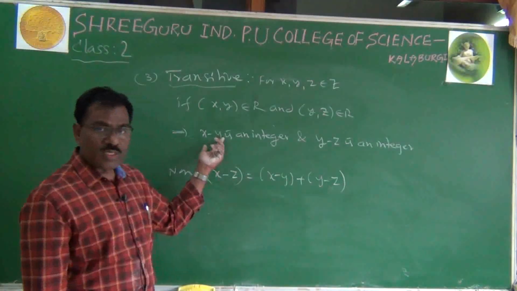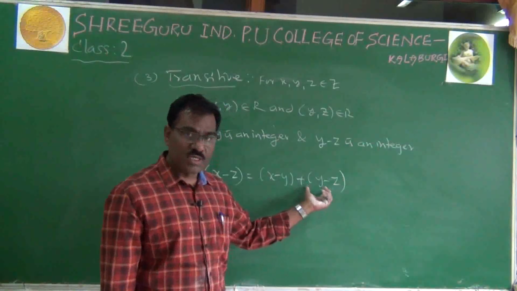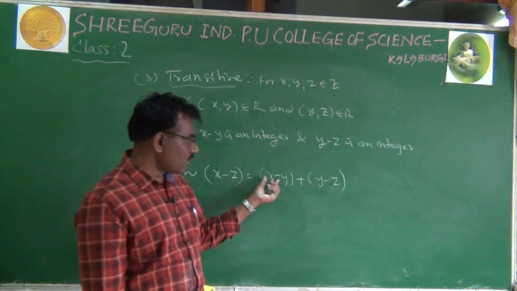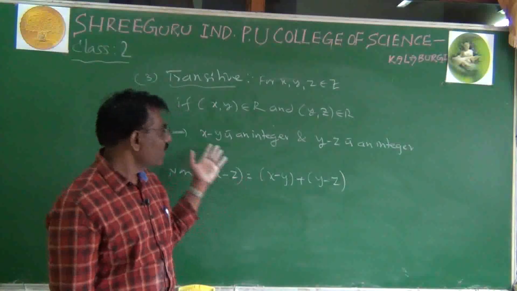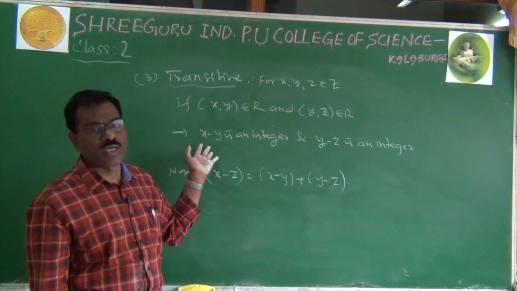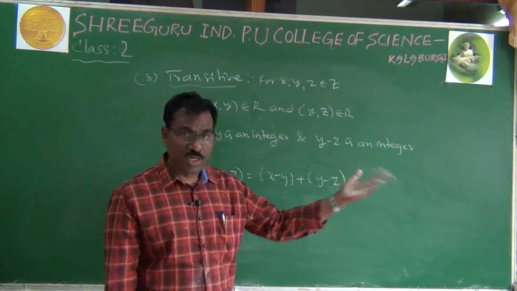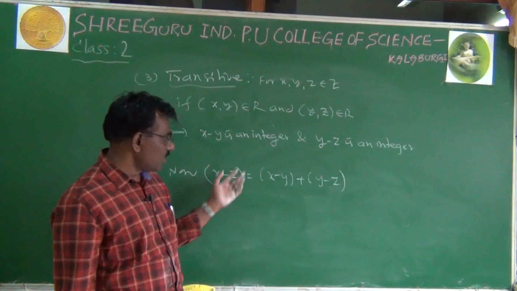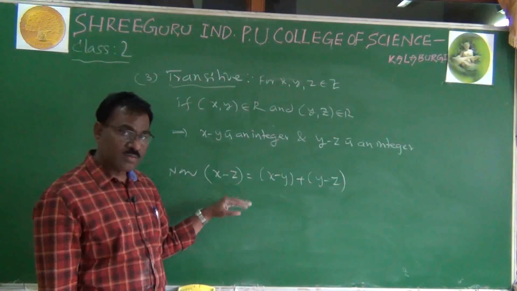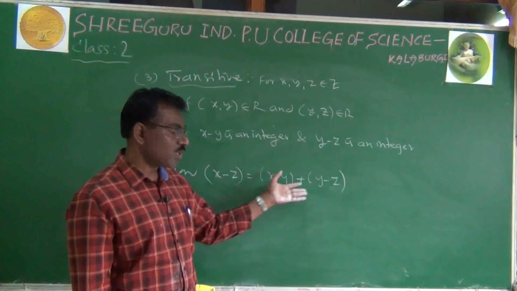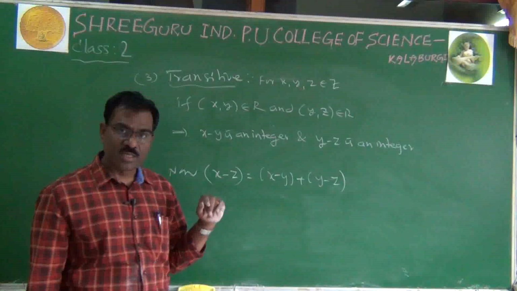X minus Y is already an integer, and this is also an integer. Call this k1, and this k2. Now X minus Z equals X minus Y plus Y minus Z, because Y cancels, X minus Z comes.